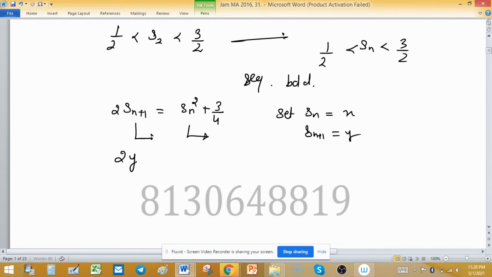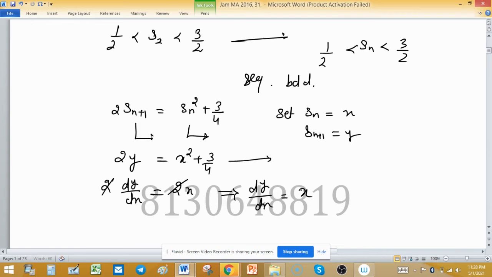So it will be 2y equal to x square plus 3 by 4. So differentiate this equation with respect to x. So 2 times dy upon dx equal to 2x. Derivative of the constant term will be 0. It means that dy upon dx equal to x. Means the sign of the derivative doesn't change. Means this sequence is monotonic. I'm not saying increasing or decreasing because the sign is the same, monotonic.